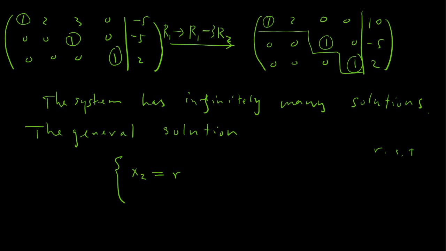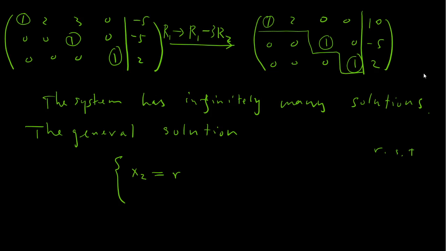In this case, for this one, we have only one column without leading 1. So in the general solution, we have only one parameter. And then our next job is to write all other unknowns in terms of the parameter R. I want to repeat.